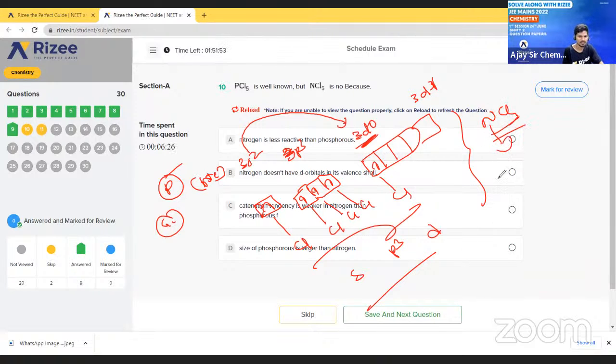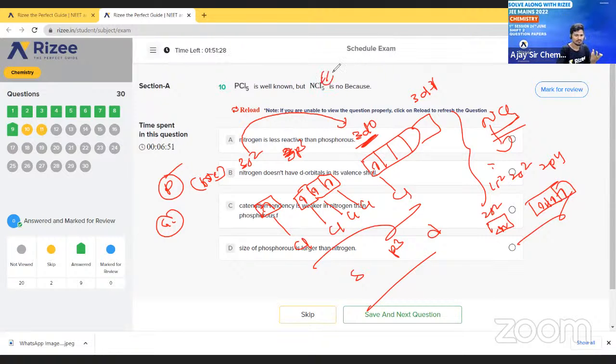But when it comes to NCl3, see here, NCl3. Nitrogen atomic number is how much? 7. So 1s2, 2s2 and 2p3. There is only the ground state electronic configuration, there is no excited state. See here, 2s2 and 2p3. Can it form a bond with this Cl?